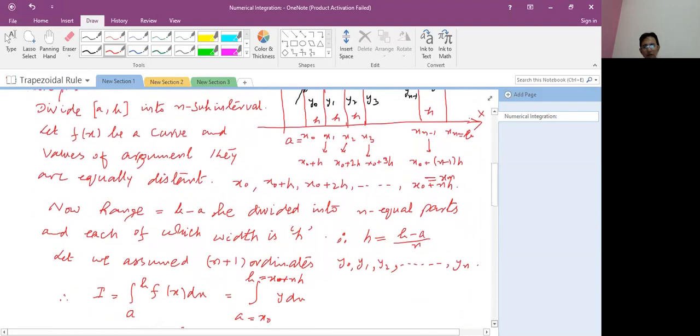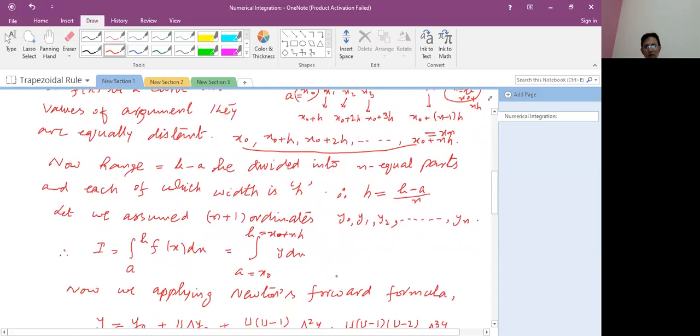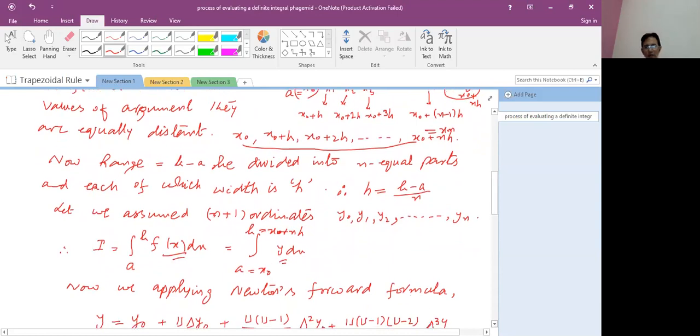We integrate from the first point to the last point, x0 plus nh, of y dx, because y equals f of x. If you write f of x or y, both are the same.